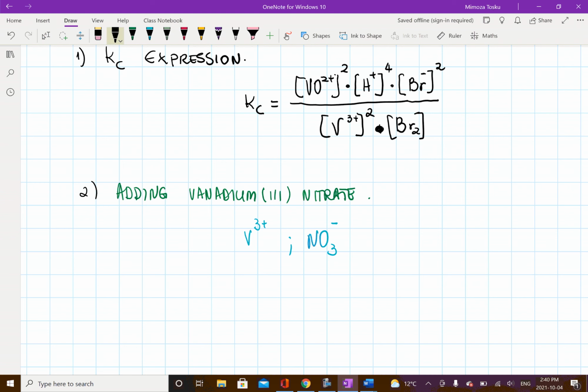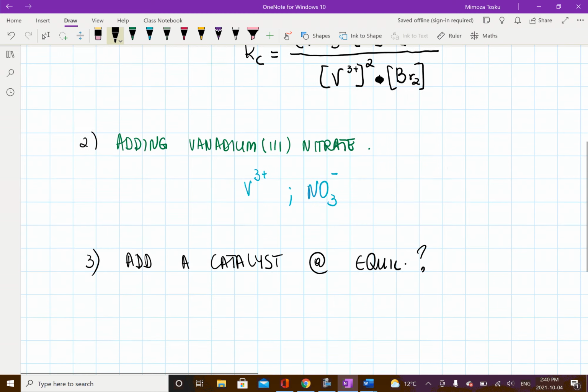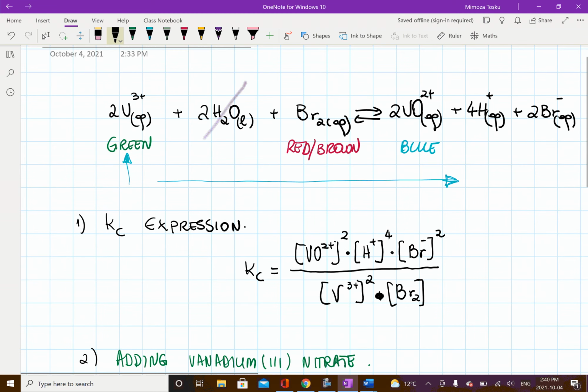The next question you may see is what effect it would have if you add a catalyst when the equilibrium is reached. If you add a catalyst when the equilibrium is reached, nothing will happen, because the catalyst only speeds up the reaction to reach the equilibrium; once the equilibrium is reached, the catalyst doesn't have any effect on it.